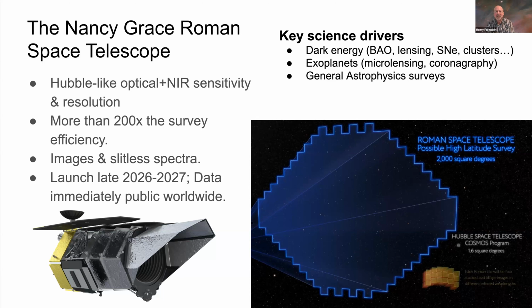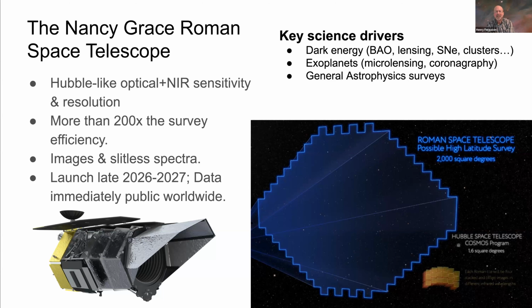And there's a coronagraphy program with a unique coronagraph technology demonstration. It will be open for the first 5 years, with 25% of the time for competed surveys in any area of astrophysics. After the 5 years, presumably it's still going, and then it'll be 100% competed, or at least that's the plan.